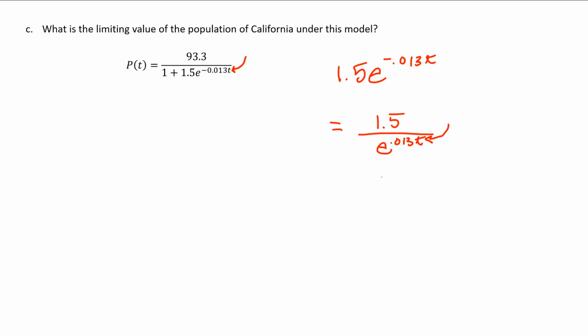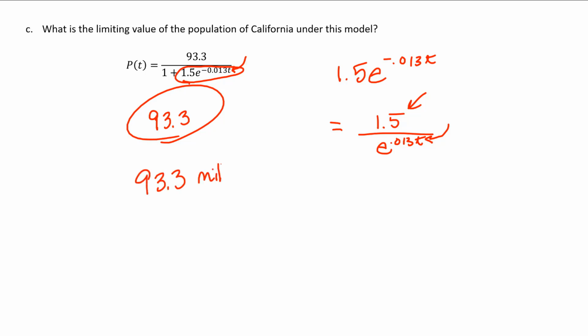And as that denominator gets humongous and the numerator doesn't do anything, that's going to approach 0, because as the denominator gets huge, the number approaches 0. It's getting tiny. So that means that this is approaching 0, which means that the limiting value on this is just going to be 93.3 over 1. So that limiting value would be 93.3 million people.